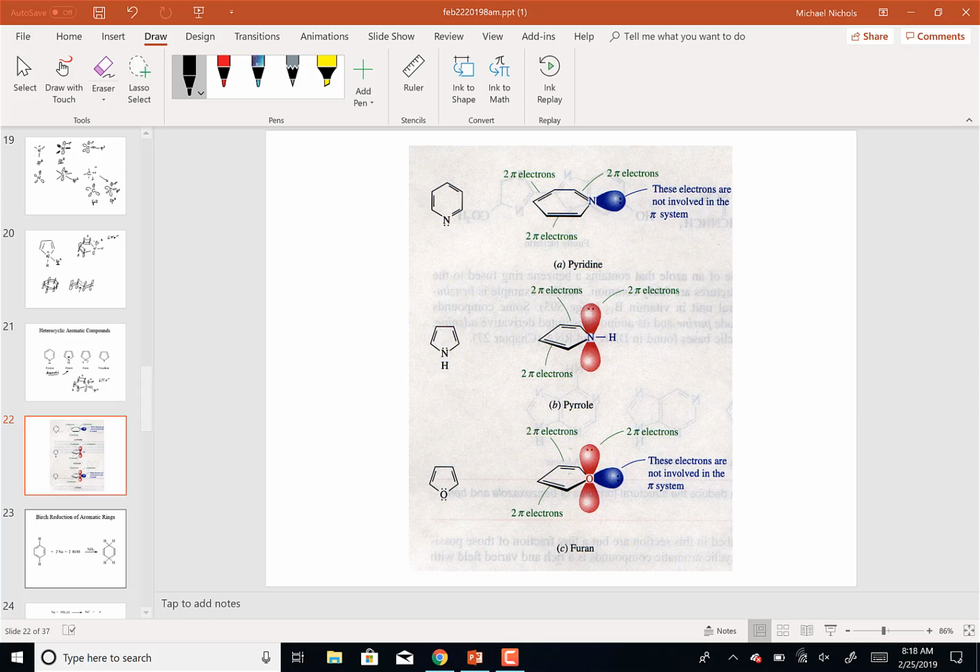Here's the nitrogen with its lone pair. Again, that lone pair is now parallel to all of the other p orbitals. And the oxygen, the same thing. This lone pair in the unhybridized p is going to be able to overlap with all the others.